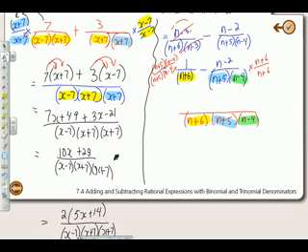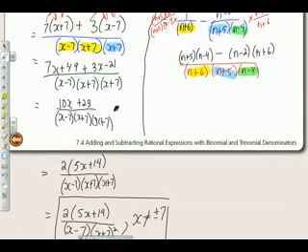Expand your numerators. Don't expand the denominator, expand the numerator though. So we get n plus 5, n minus 4, minus n minus 2, n plus 6. Expanding the first numerator, we come up with n squared minus 4n plus 5n, so plus n, and minus 20.